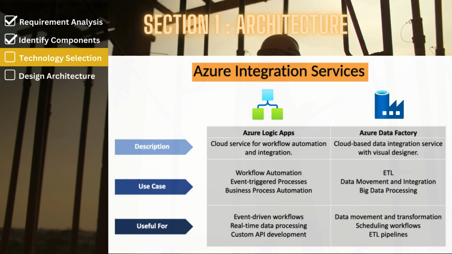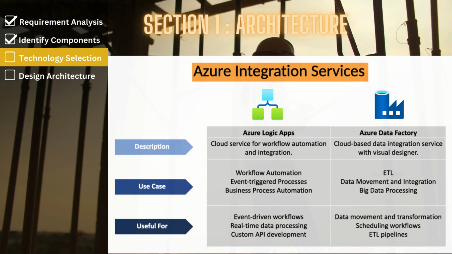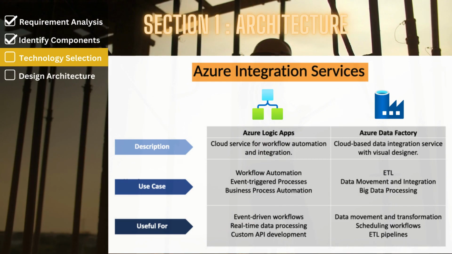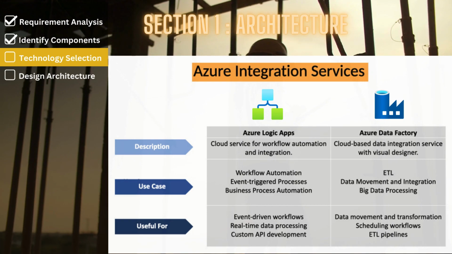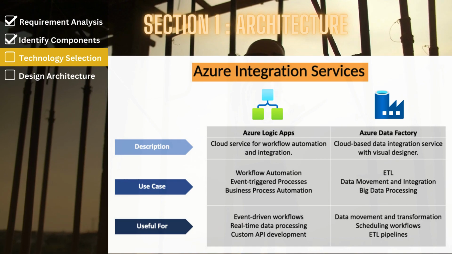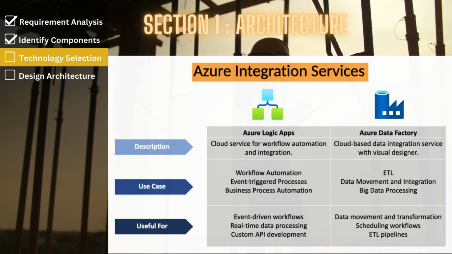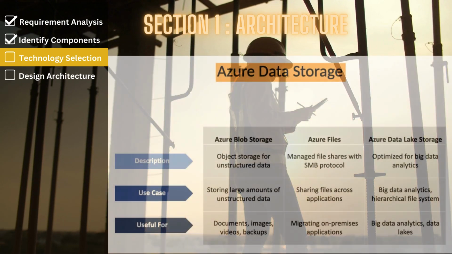While Azure Logic Apps can provide what we need, it is best suited for automating workflows and responding to events. On the other hand, Azure Data Factory is more data movement oriented and is ideal for creating ETL jobs, which aligns with our requirement. Therefore, Azure Data Factory is a better fit for our use case.